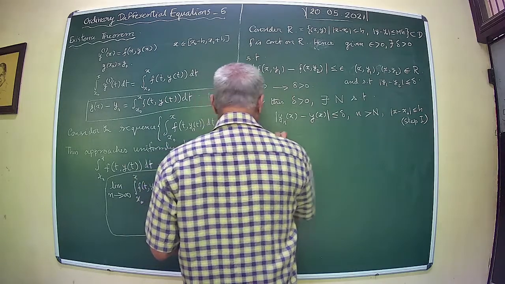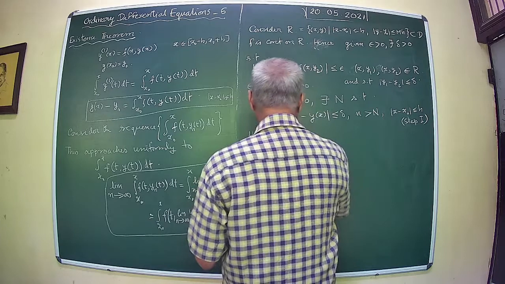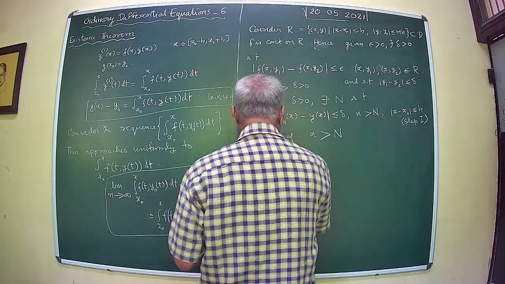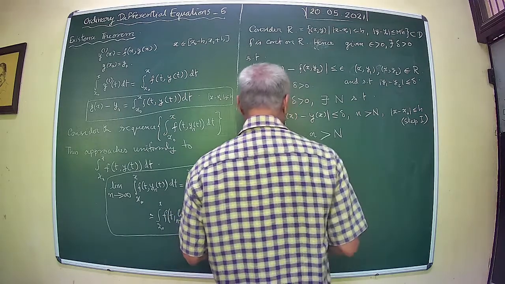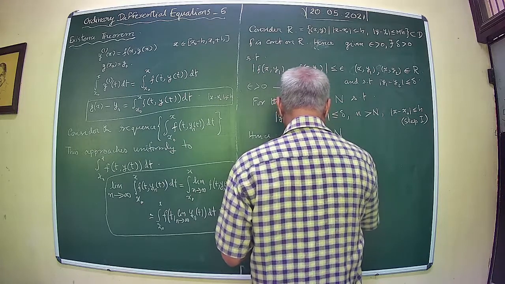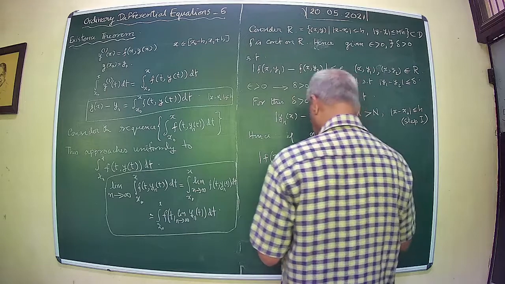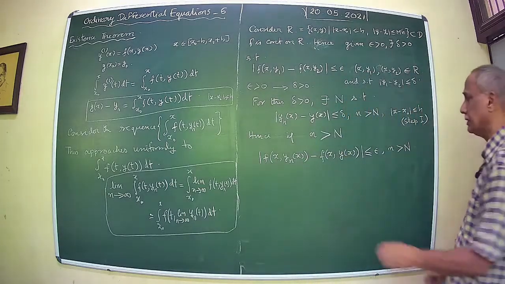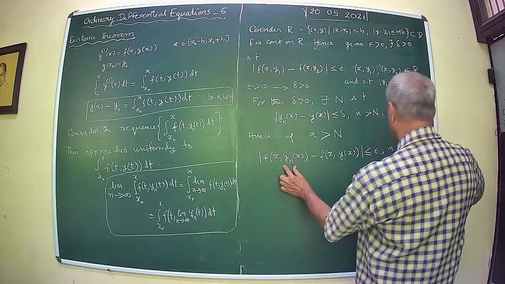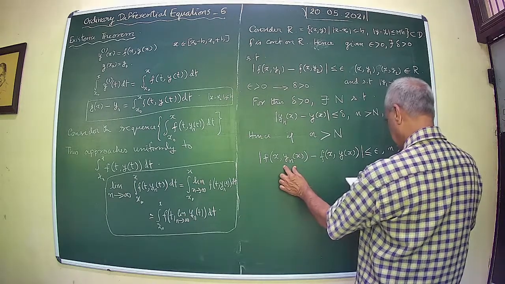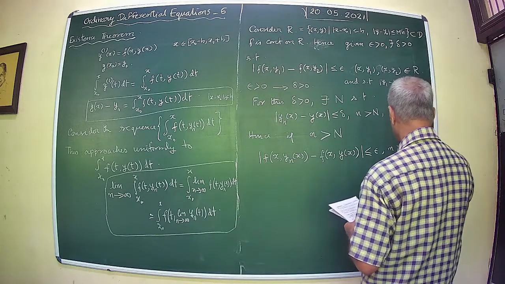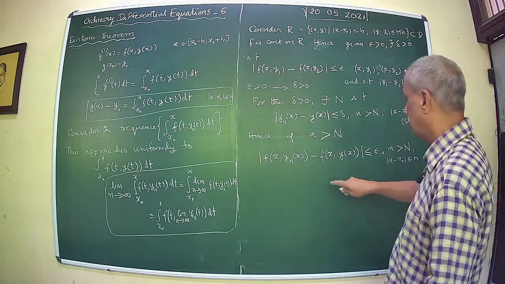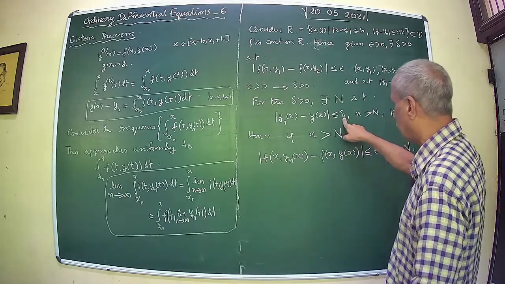Hence, what we have is this. If n is greater than N, once you choose this, you have |y_n(x) minus y(x)| less than or equal to delta.